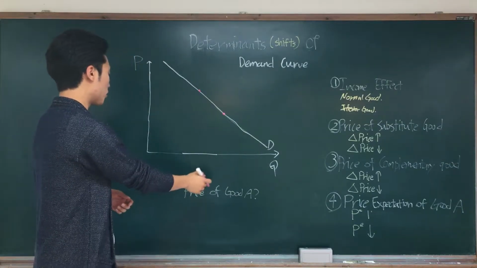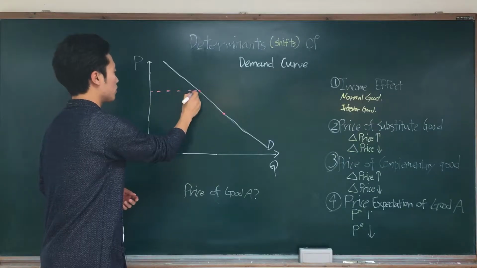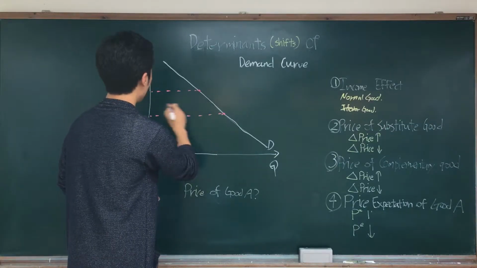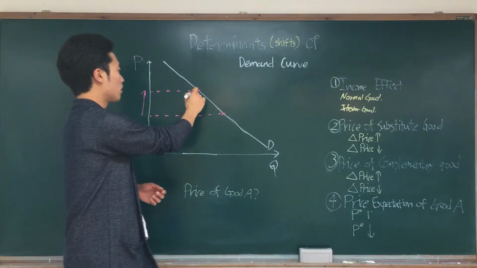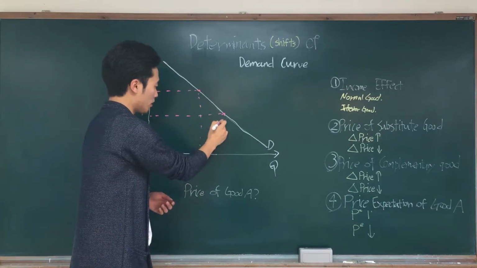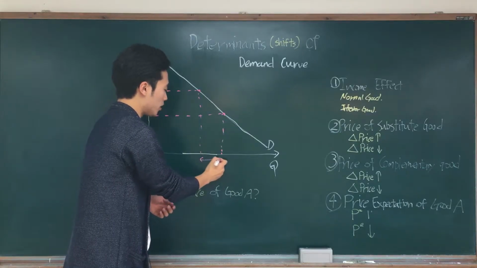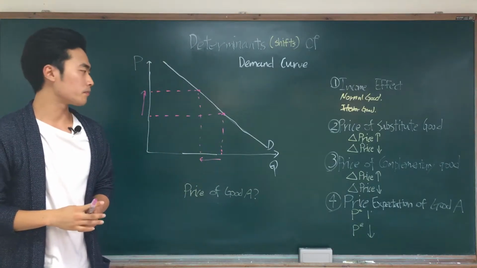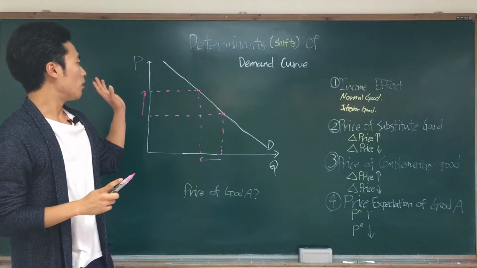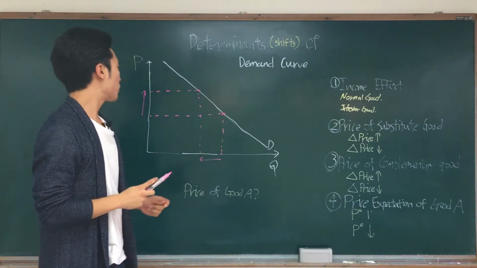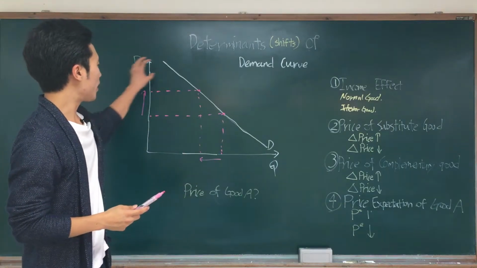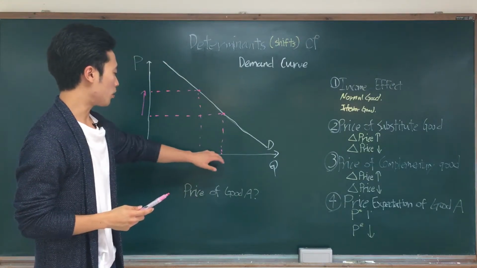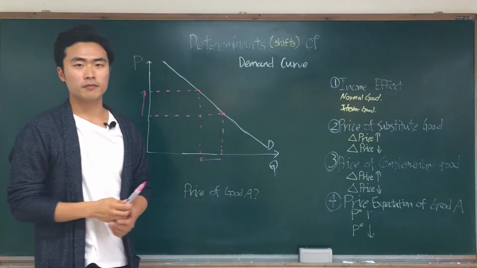So when the price of good A increases, what happens is the decrease in the quantity demanded, not the demand curve. Remember, the demand curve is the relationship between the price and the quantity, where the price determines the quantity in the market.